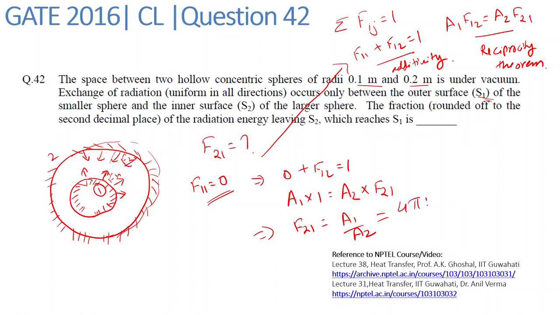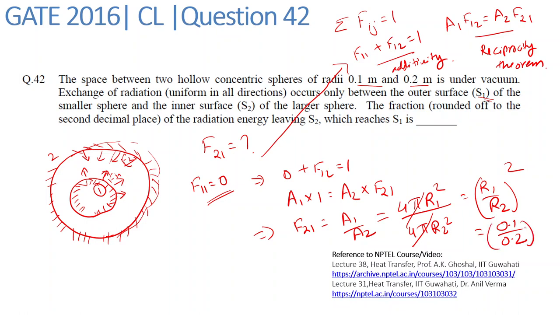For the first sphere it is 4 pi r1 square, and for the second sphere it is 4 pi r2 square. 4 pi will get cancelled, and we will have r1 upon r2 whole square. We have been given the values, so it becomes 0.1 upon 0.2 whole square. Ultimately it will become 1 by 4.